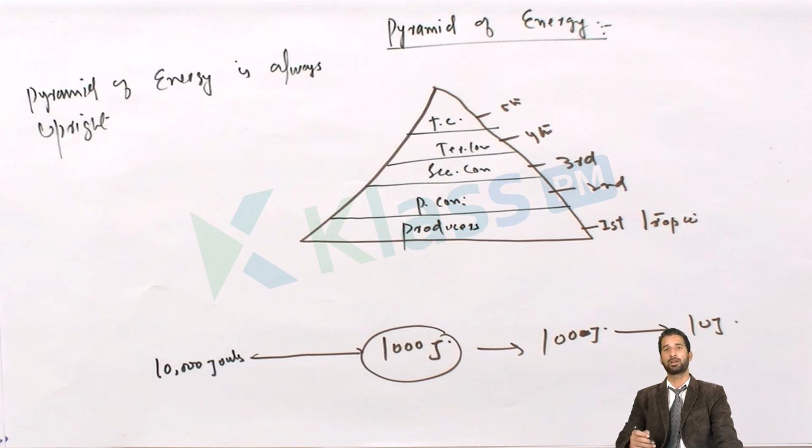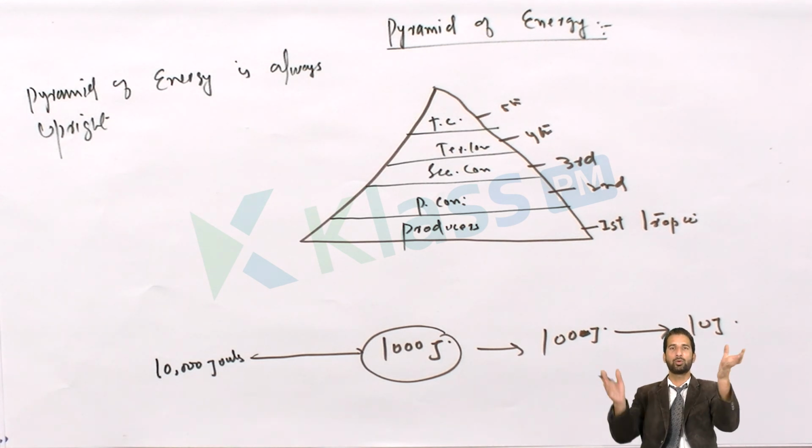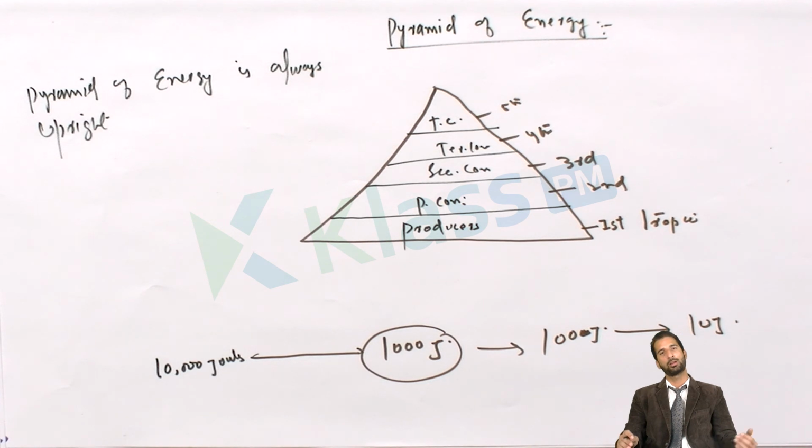I have explained it with the example of the frog. The frog is eaten by the snake, but the snake is not the only living organism which eats the frog. The frog is eaten by other living organisms as well. This makes a web of food, which is called the food web. In the food web, the transfer efficiencies are different, which I have explained in the previous videos.